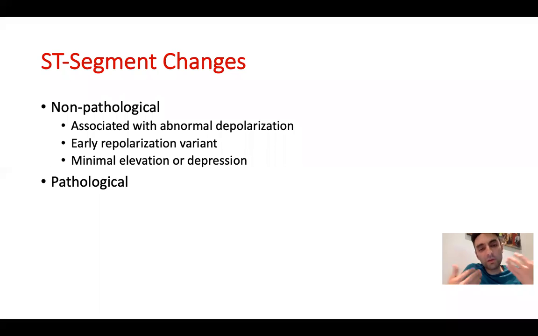You have to assess ischemia by other means, for example obtaining history, troponins, and ruling out ischemia by imaging. So if you have abnormal depolarization, your repolarization may very well be abnormal, or it could be an early repolarization variant, or a minimal change, which could also be non-pathological.